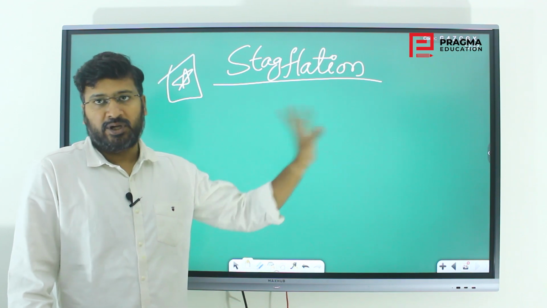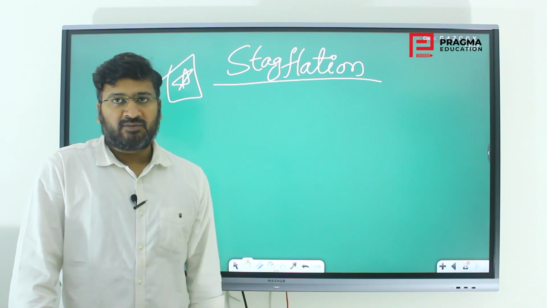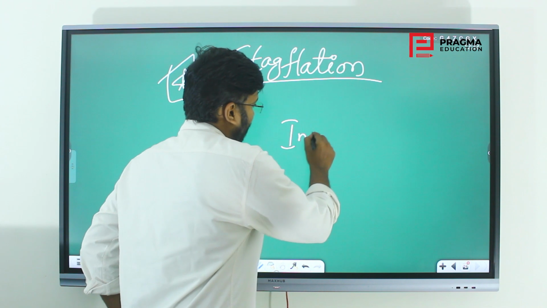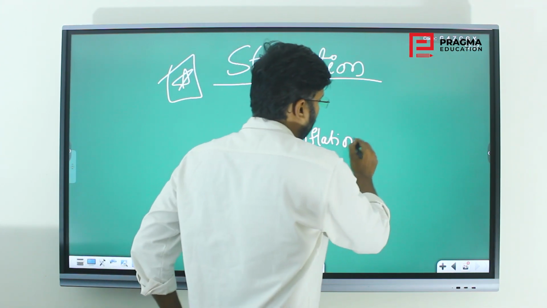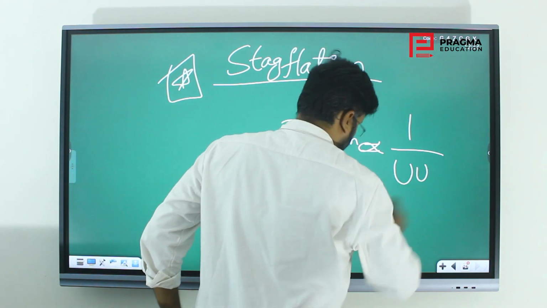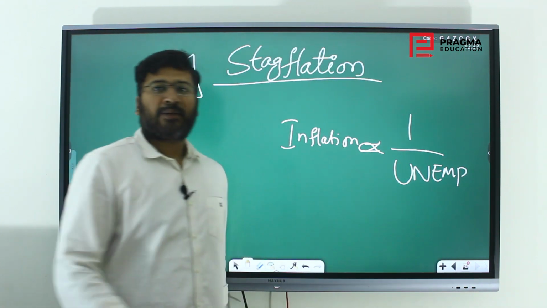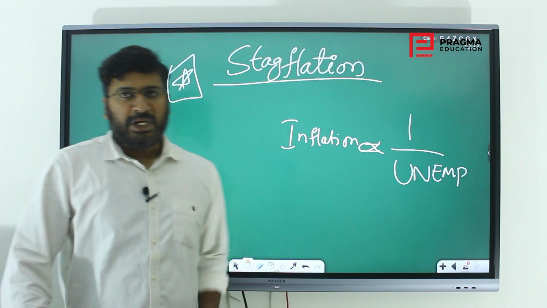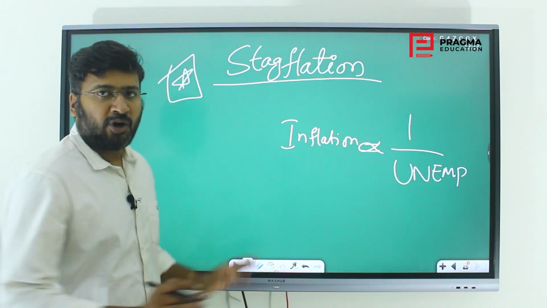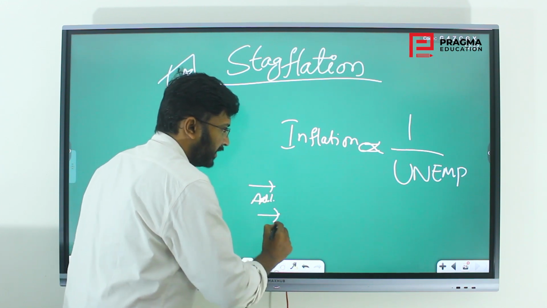All the economies of the world had come to believe one phenomenon, that inflation is inversely related to unemployment or the unemployment rate. When there is inflation, to match the demand with the supply, additional capital is being pushed, so more jobs are created.